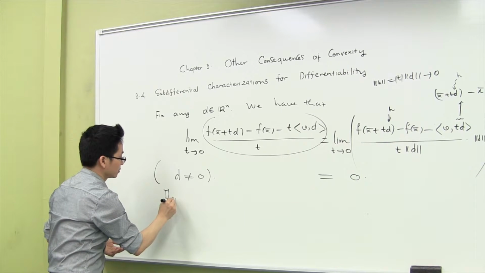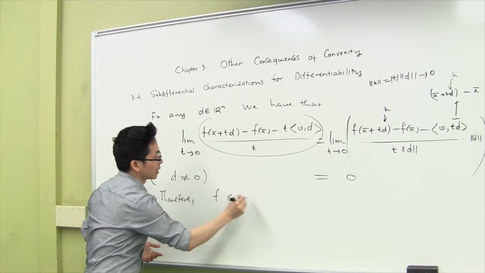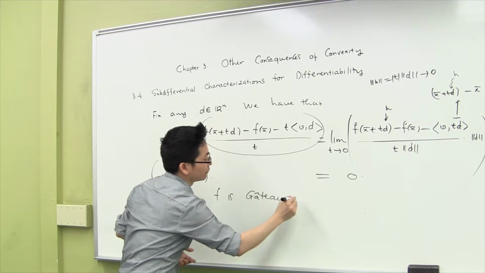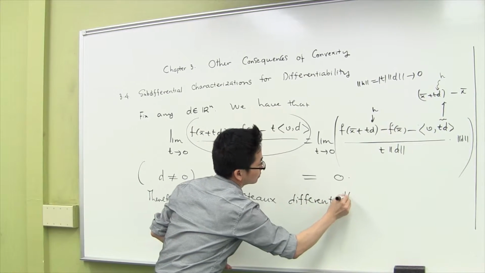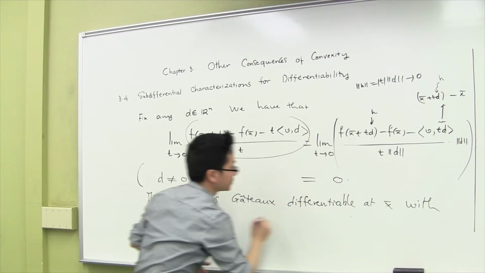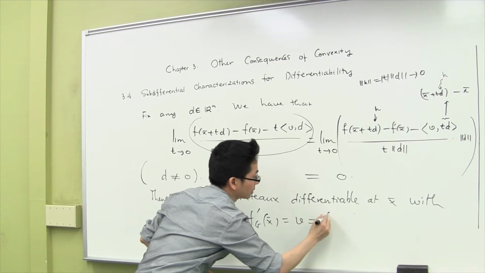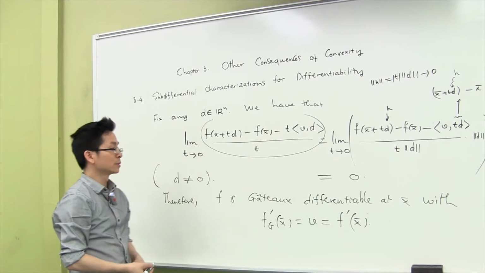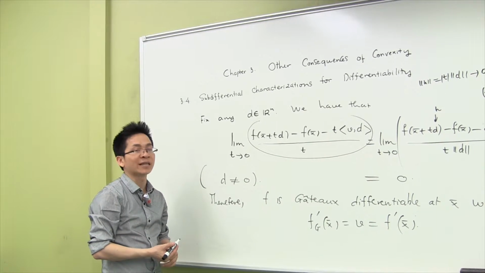Therefore, f is Gateaux differentiable at x bar with Gateaux derivative v, which is the same as the Fréchet derivative at x bar. Okay, so now I'm going to show that the converse is true under the convexity of f.